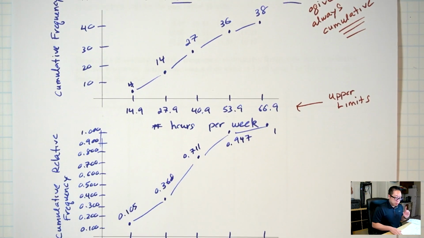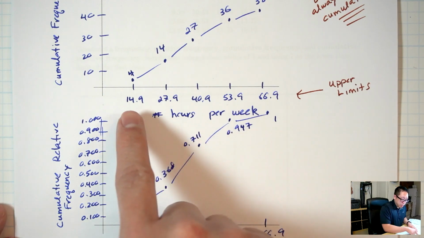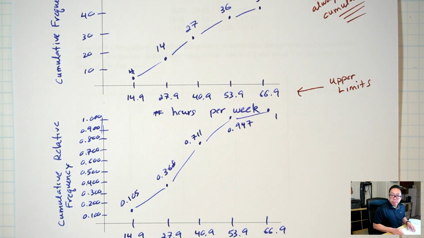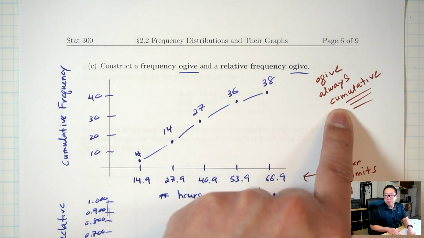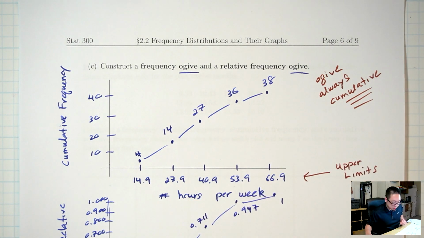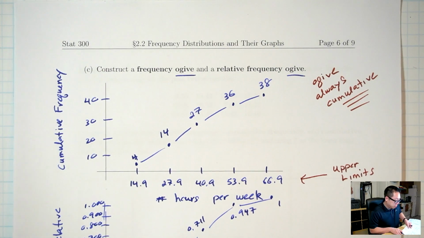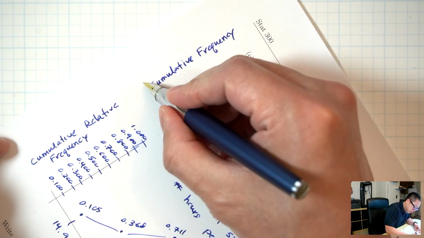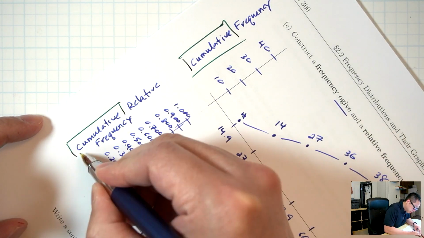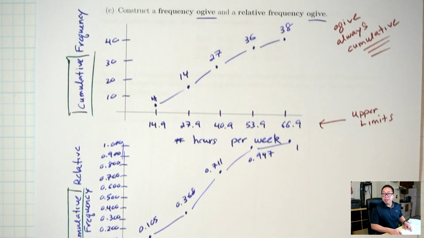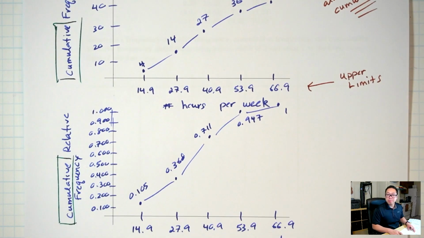Key points: upper limits on the x-axis, and remember to always stick the word cumulative on it. So let me actually box this just to emphasize, because I don't want you to get that wrong on a test.